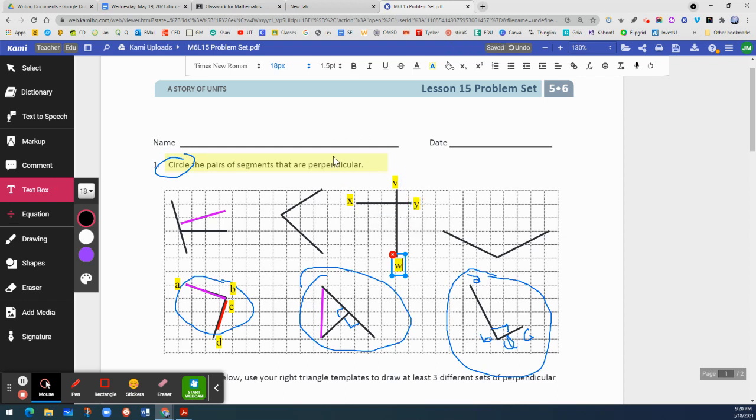So in here, you will say that segment XY is perpendicular to segment BW, okay?